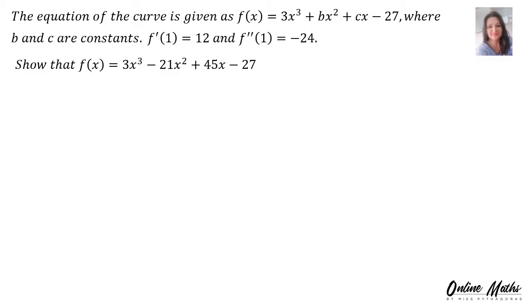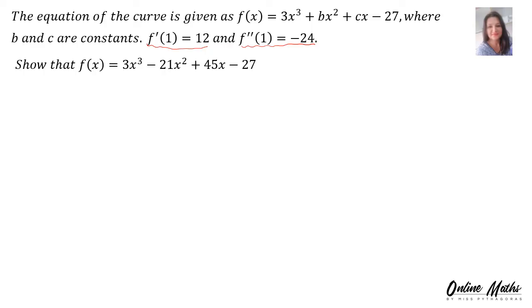Show that f of x is 3x cubed minus 21x squared plus 45x minus 27. Can you see in this example, the first derivative was given and the second derivative was given. We haven't seen one of these before.